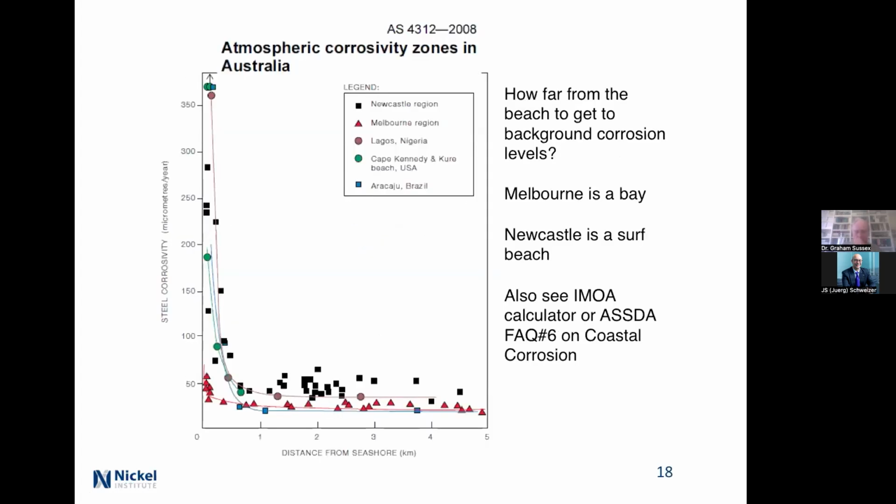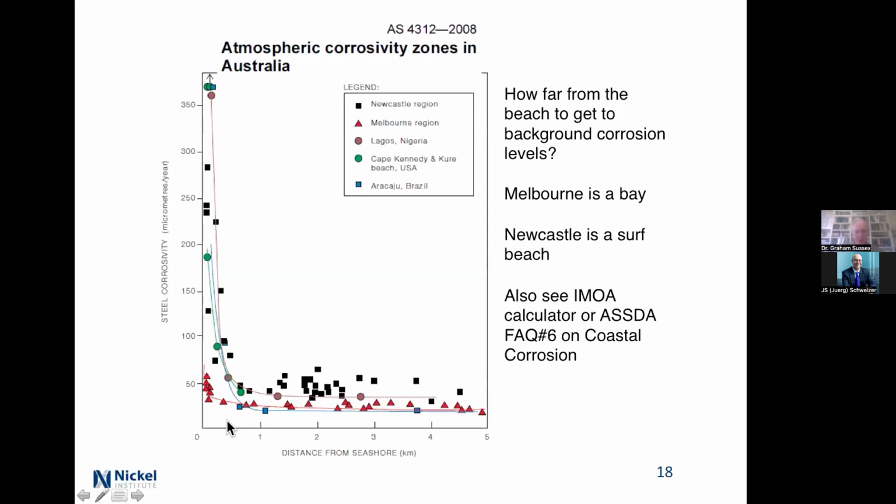This is a graph from AS 4312, and there's lots of data there. The bit that I'd like to point out is the red lines across the bottom, because they are a reasonable distance away from the water, but it's a bay. So by the time you've gone more than, well, half a kilometre inland, perhaps even less, you're dropping down to about the background level.